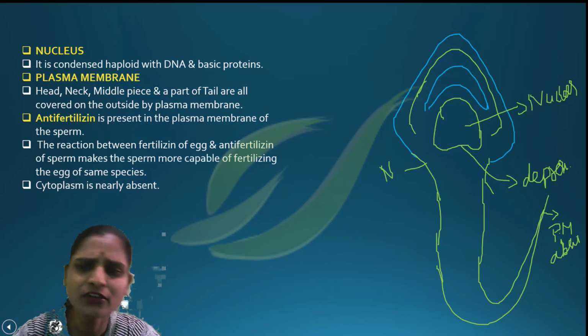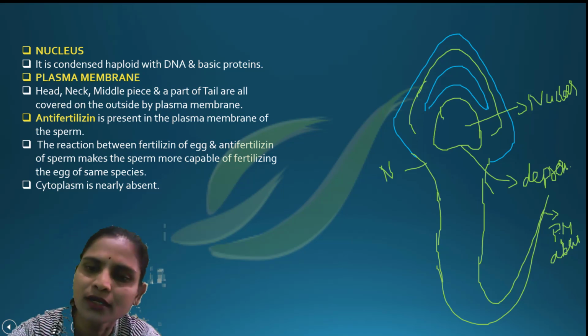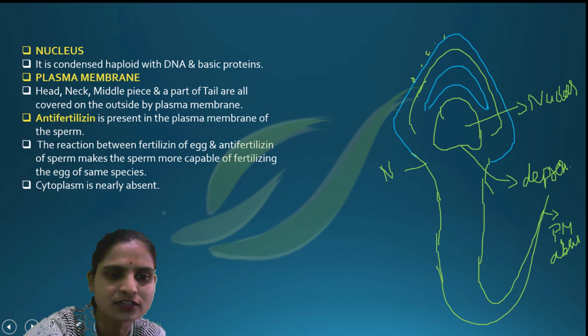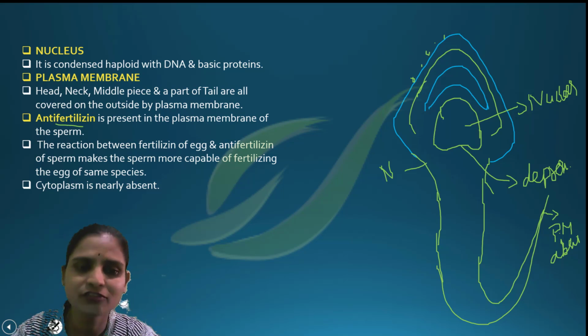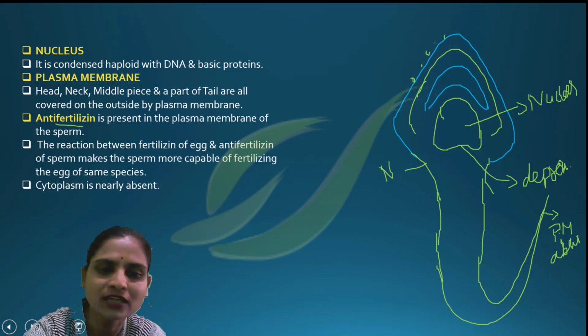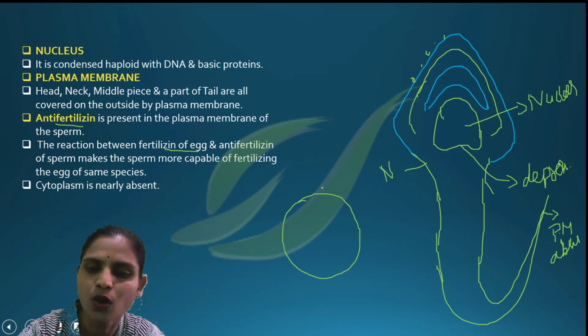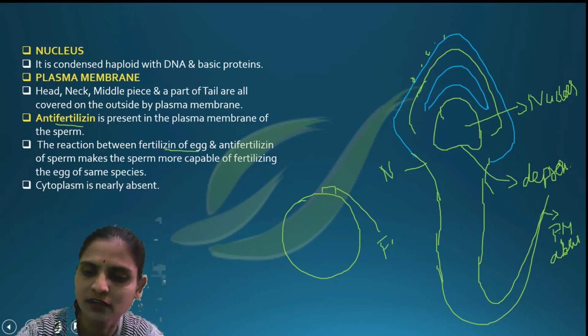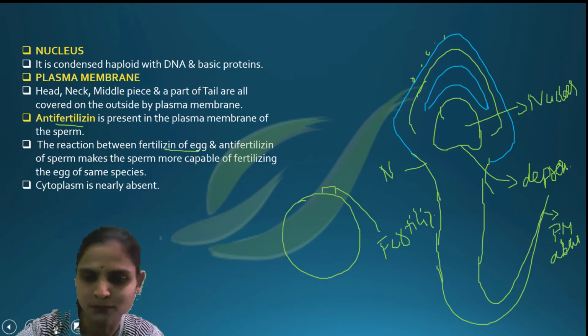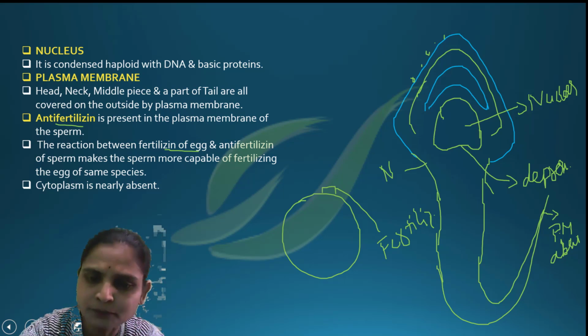On the anterior region of the plasma membrane, there is a chemical called anti-fertilizin. This anti-fertilizin reacts with the fertilizin of the egg. The egg contains a chemical called fertilizin, and the sperm contains a chemical called anti-fertilizin at the tip of the plasma membrane.